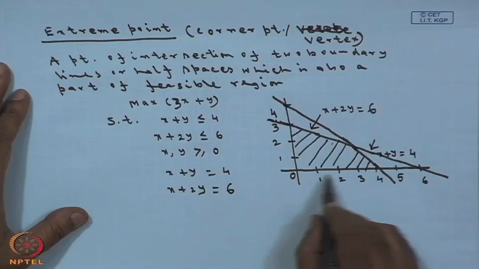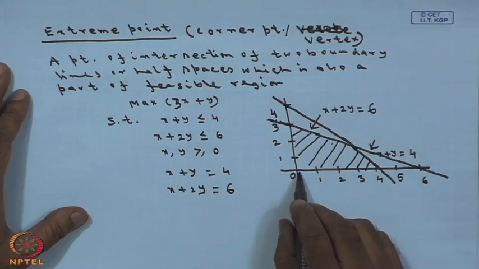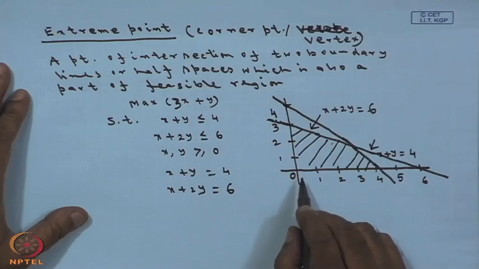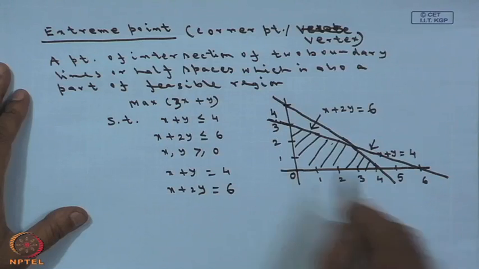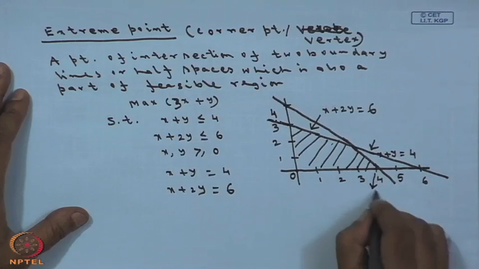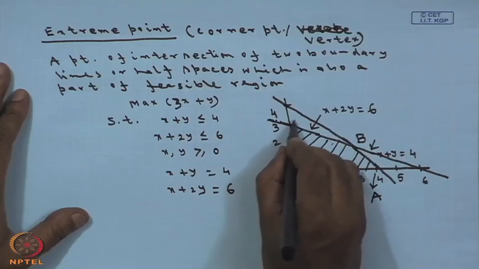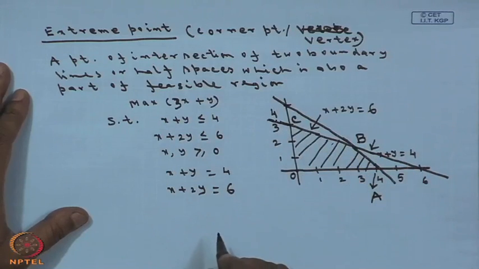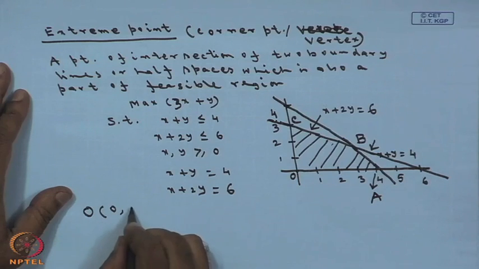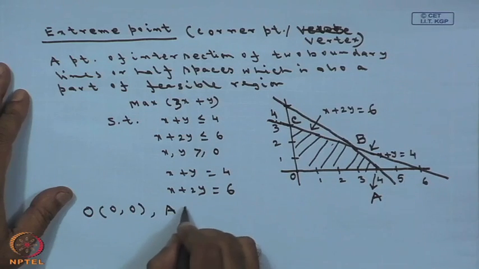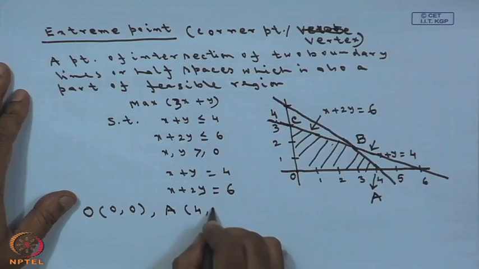Once I get the feasible region, the extreme points are, as I have told, the intersection of two boundary lines. So, O is an extreme point, A will be another extreme point, B is another extreme point and C is another extreme point. By solving the equations, I can obtain the values of O, A, B and C. O is of course the origin, and A is very clear, point A will be 4, 0.